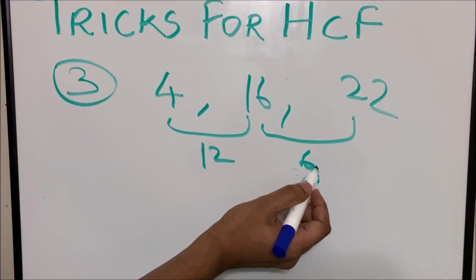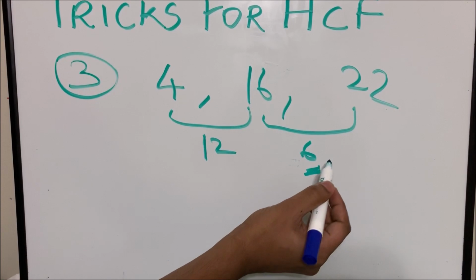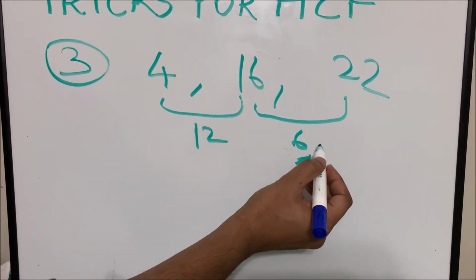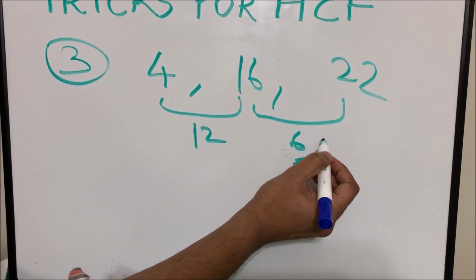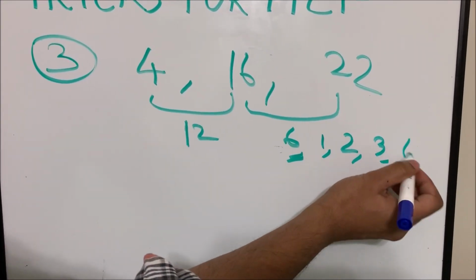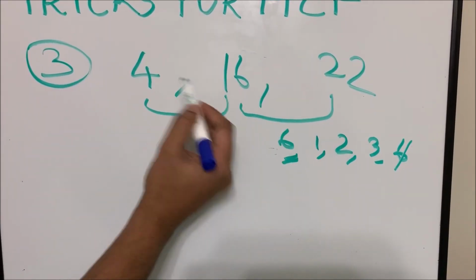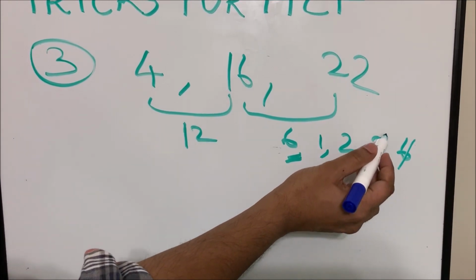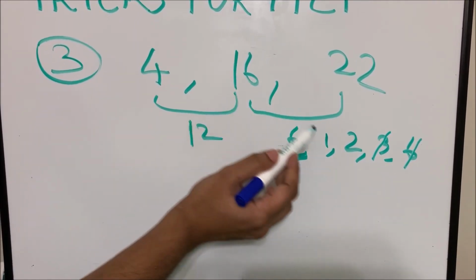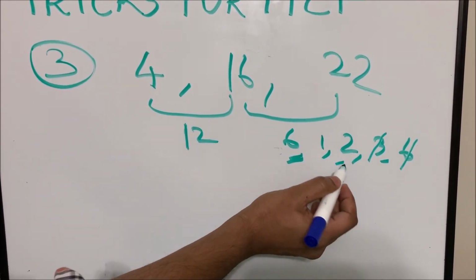We need to check with that. Is 4 divisible by 6? No. So we will go into the factors as we saw in the previous step. 6: 1, 2, 3 and 6. And is 4 divisible by 3? No. Is 4 divisible by 2? Yes. 16? Yes. 22? Yes. So the HCF is 2.